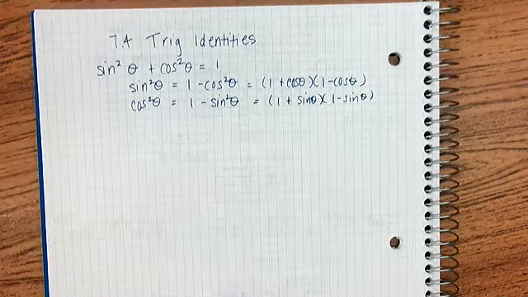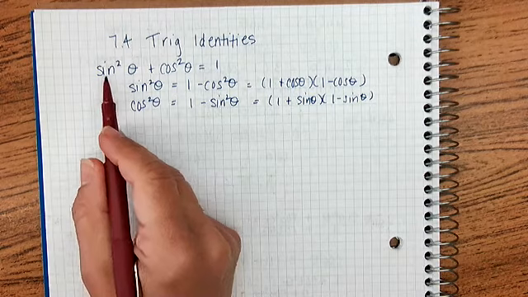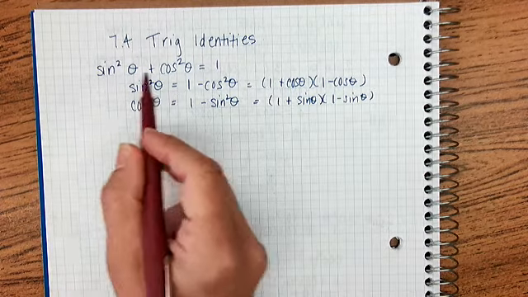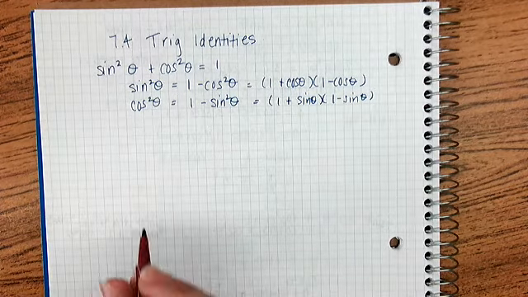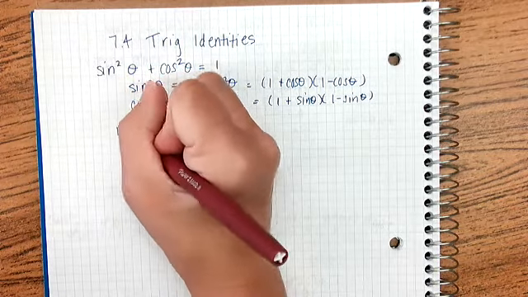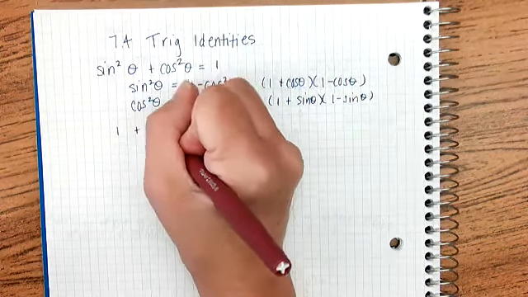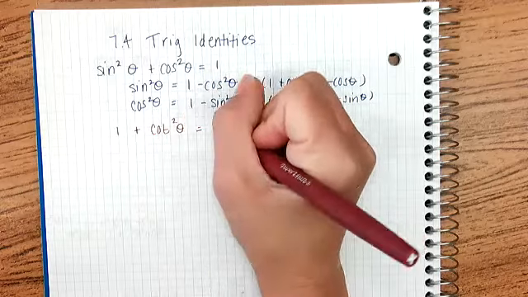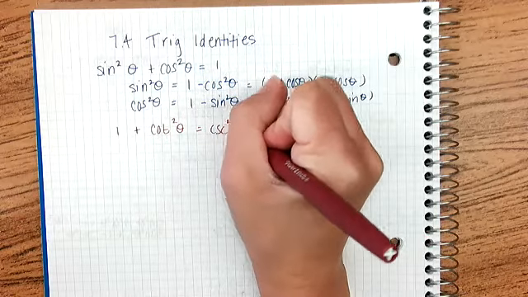All right, along those same lines, you know that if you divide both sides of the primary identity by sine squared, you get 1 plus cotangent squared theta is equal to cosecant squared theta.